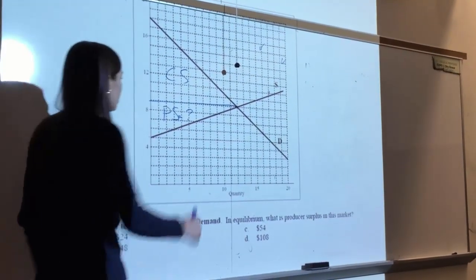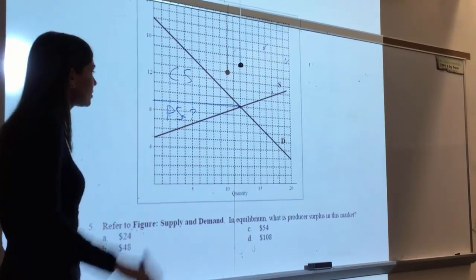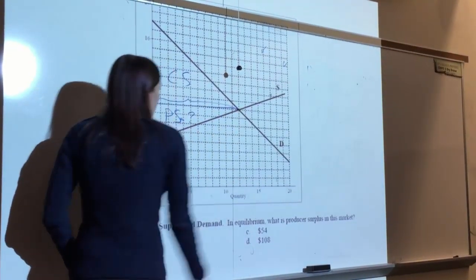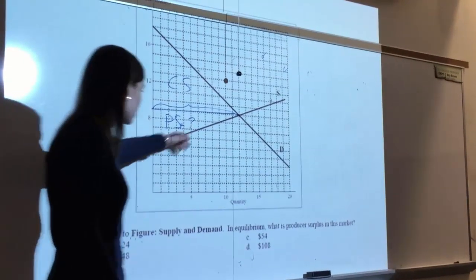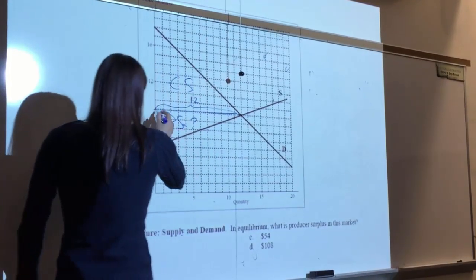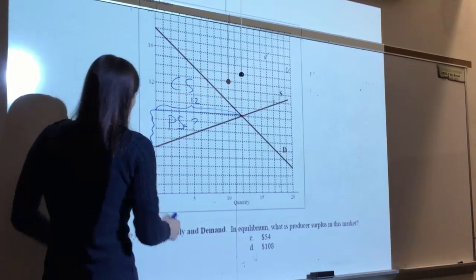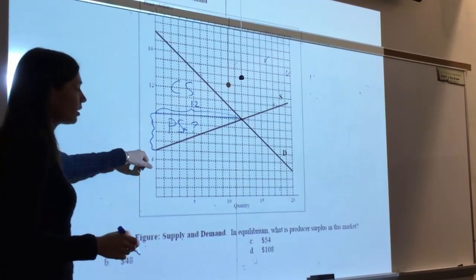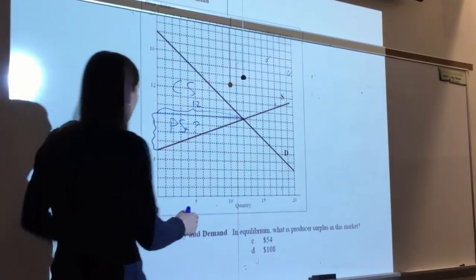So we have a right triangle, so we just need to multiply the two sides and divide by 2. We know that this side is the quantity in equilibrium, which we can see is 12. And this side is the difference between the price in equilibrium and the intercept of the supply curve.